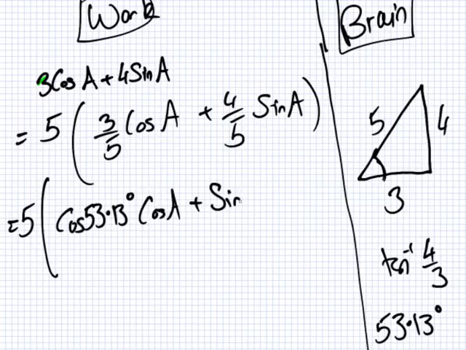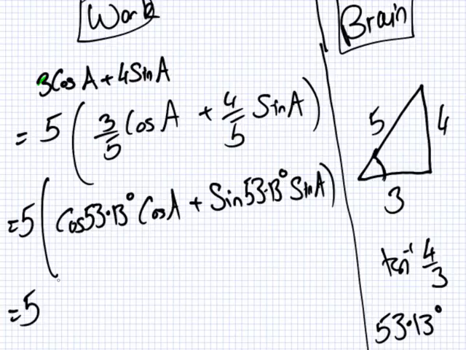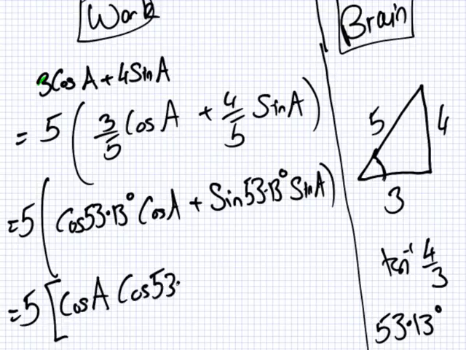That's sine 53.13 sine A. And now you realise, wait a second, this looks familiar. Let me just do a little bit more rearranging. 5 bracket cos A cos 53.13 plus sine A sine 53.13.